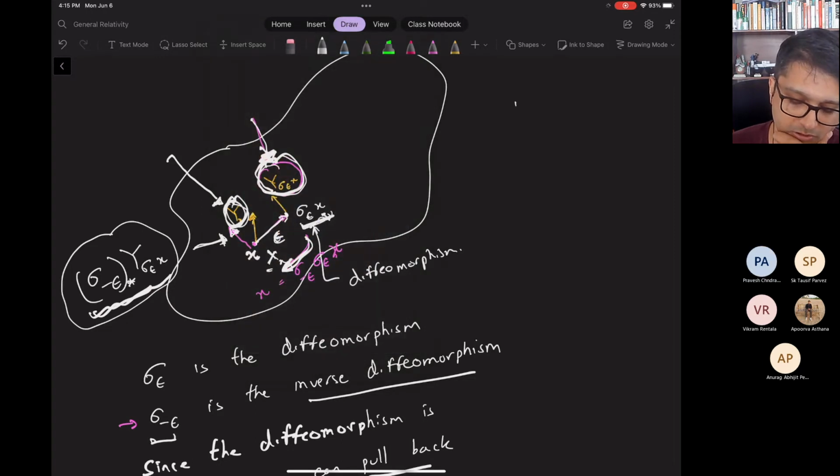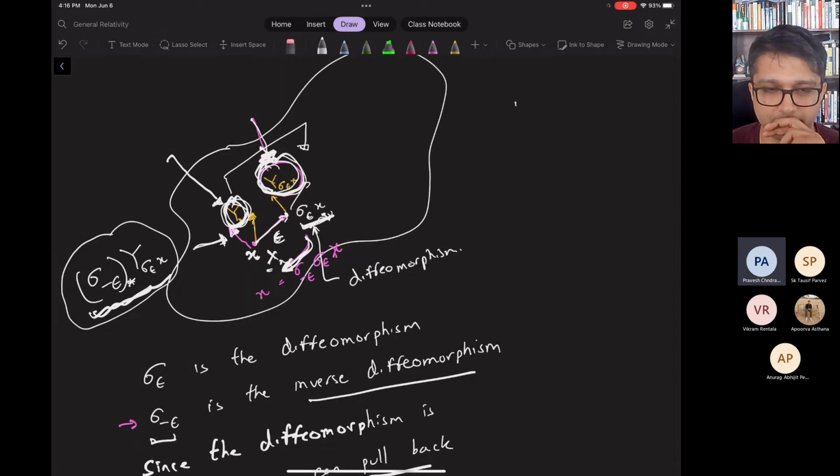Right, that's a good question. What if we defined it by pushing forward this vector and then comparing the difference between this and the push forward? The answer is yes, they will be equivalent. It's not obvious, but you can show that they are equivalent. When we work in components, it'll actually be very obvious.